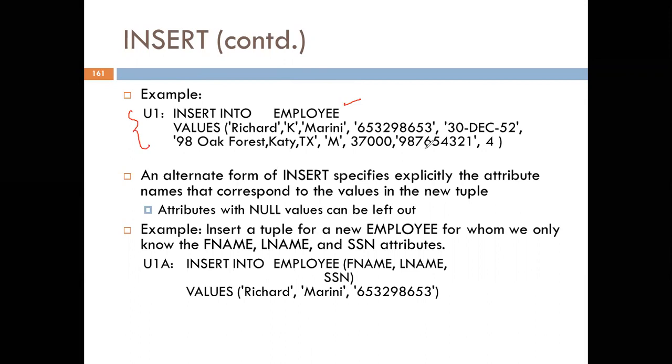We have other forms of the insert statement where we explicitly write the attribute names that correspond to the new tuples. If we want to insert null values for any of the attributes, then we can leave them out. For example, look at the insertion of a tuple for a new employee for whom we know only the first name, last name and SSN attributes. Only three attributes are known to us, so the remaining attributes will have null values.